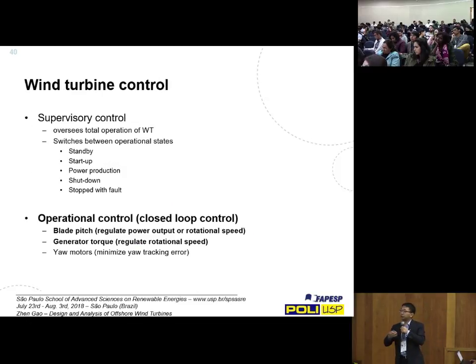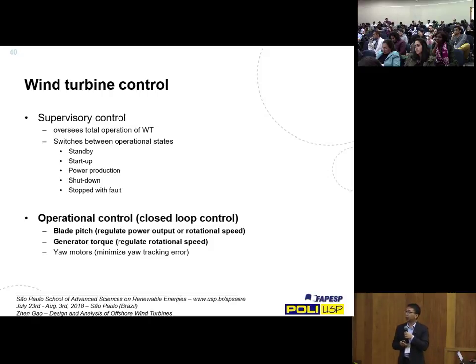So basically, from the blade element momentum theory, you get the loads along the blades, and then you can look at the responses if you have a structure model. But I also want to mention that the control part of the wind turbine is also important. And we are mainly looking at operational control.